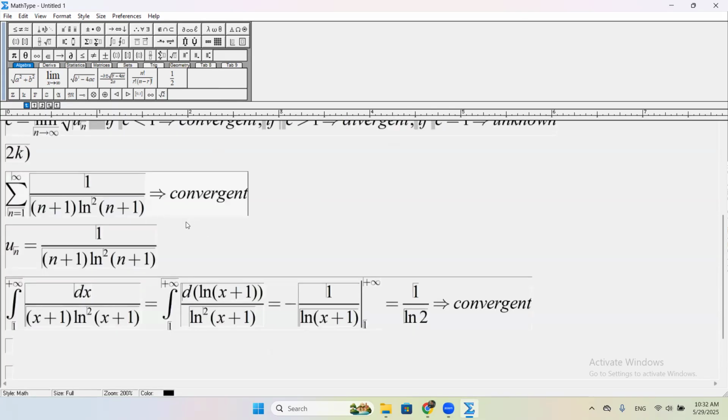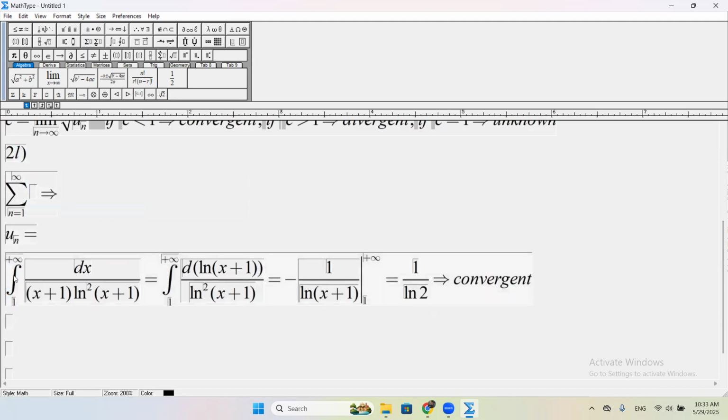Any questions about this exercise? Okay, if no questions, let's solve one more exercise, and after that we will have a break.